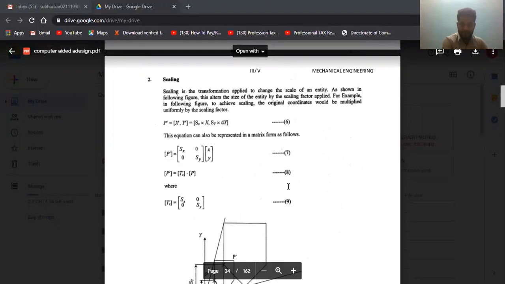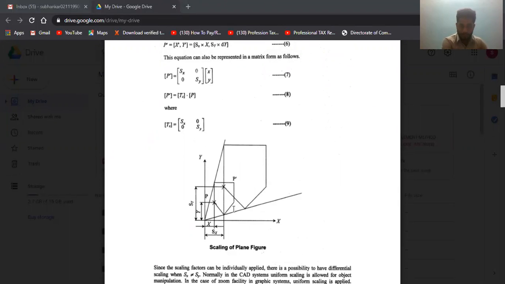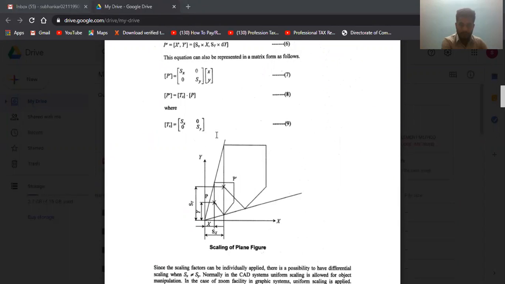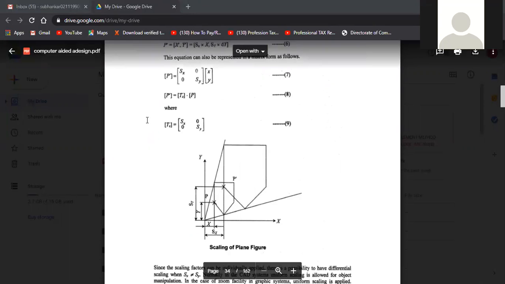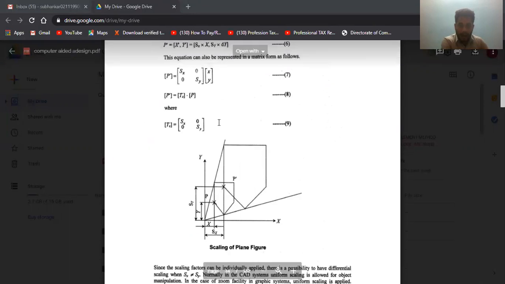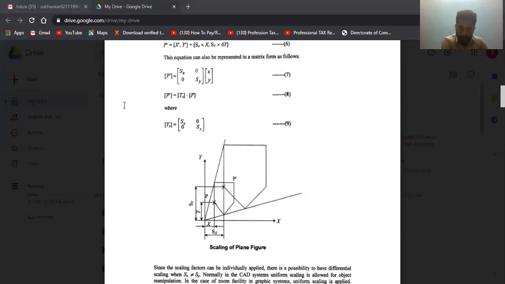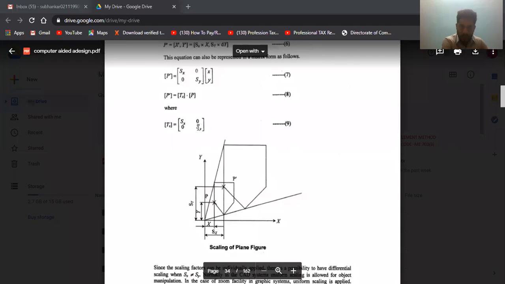So we have discussed till scaling. I told you to please repeat the scaling matrix, and this matrix is known as your scaling transformation matrix. In numerical form, Sx and Sy will be given to you.